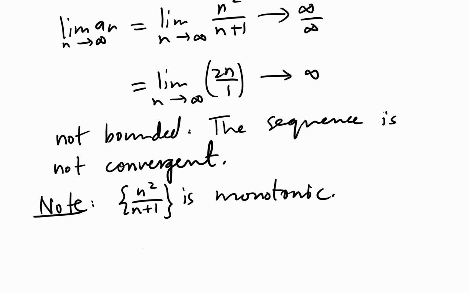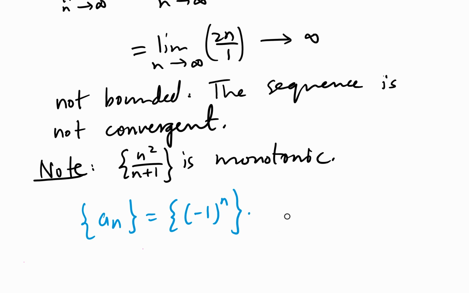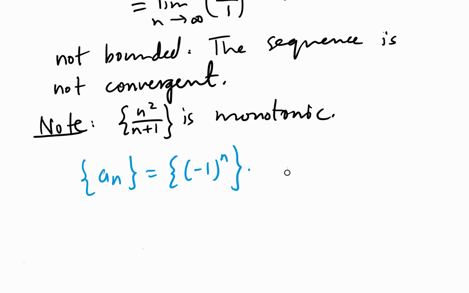If we look at another example, say a_n equals (-1)^n. Notice, if you take n = 1, 2, 3, 4, if n is 1 you get -1, n = 2 you get 1, then -1, 1, -1, 1, all the time.